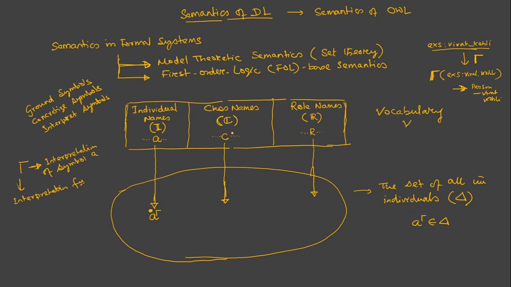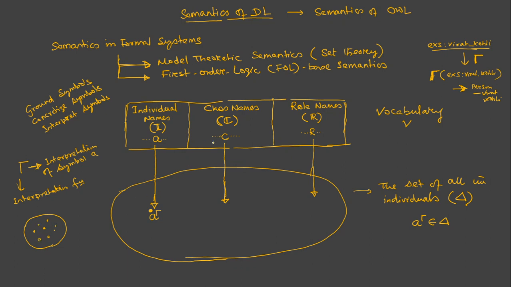Now how do we interpret this symbol for class name C? So what is a class? A class is basically again another set, right? And inside this set we have got different members, different individuals as members.